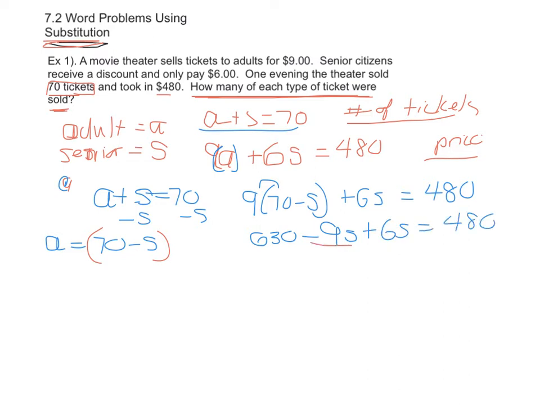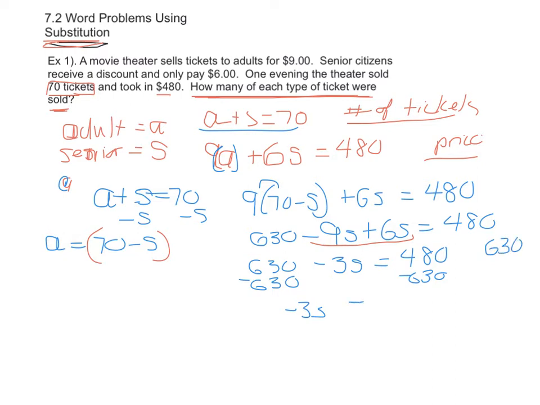I'm going to combine like terms. 630, I have negative 9 plus 6, that's minus 3S, equals 480. I want to get S alone. I'm going to subtract 630. So I have negative 3S, and I have 480 minus 630.